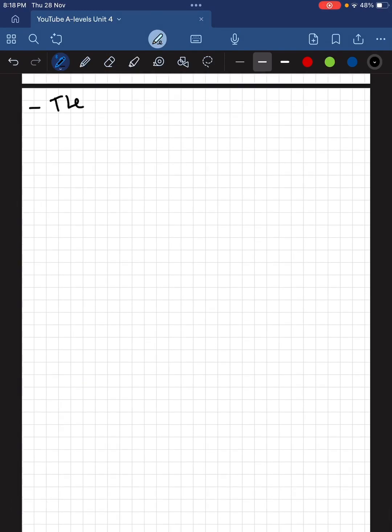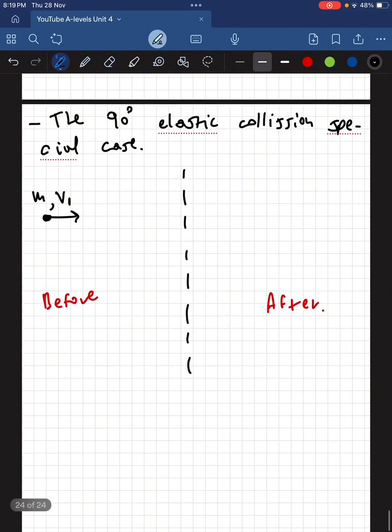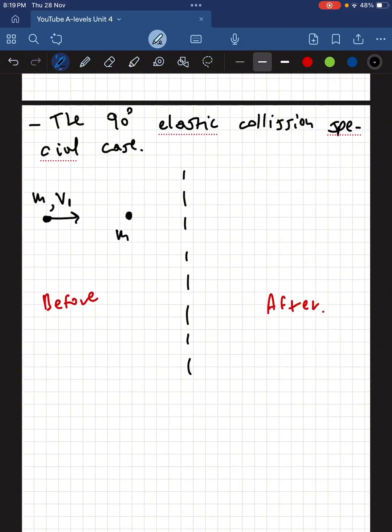And I'm gonna close this video. This is all I wanted to talk about with this topic of the relationship between momentum and kinetic energy. Now let's go see the 90 degrees elastic collision special case. So the situation is the following, before and after. Before we have a mass m traveling with velocity v1 to the right, and another mass m, so both objects have the same mass, which is stationary, v2 is 0.